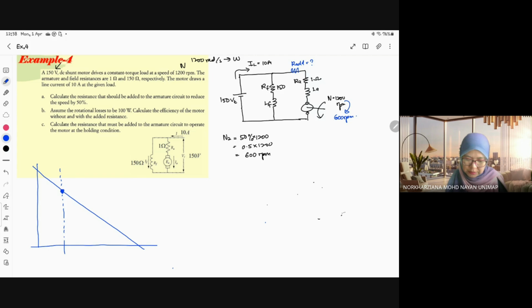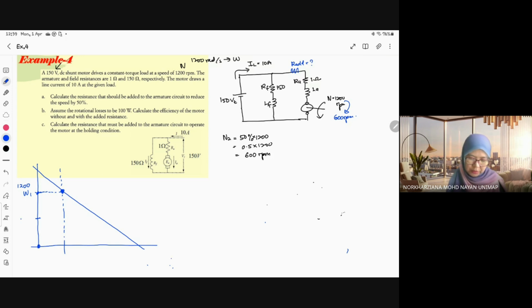This is your motor speed. This one, speed 1, is 1200. And then 50% means divide by 2. So from here to here, divide by 2, approximately here.